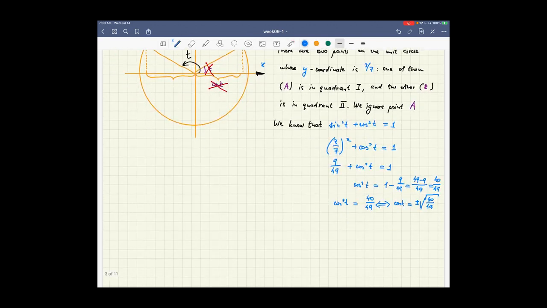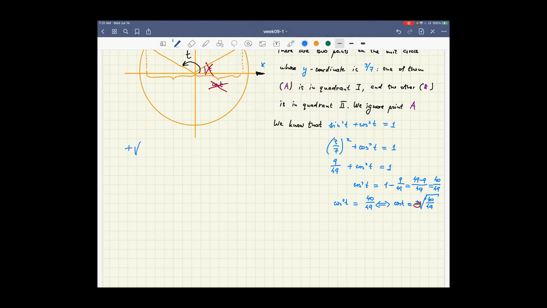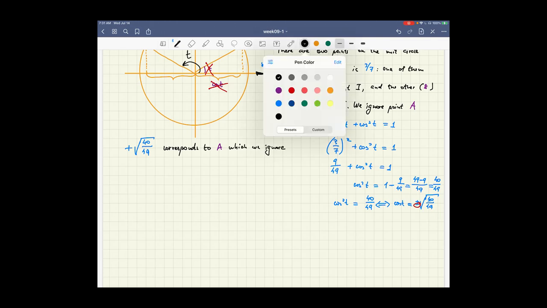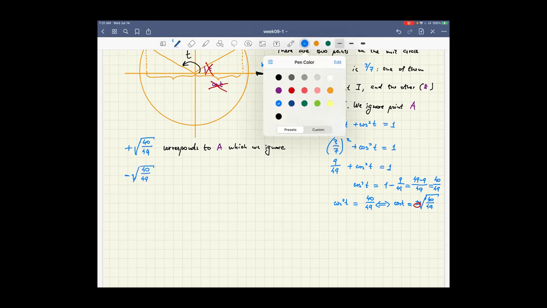So we need to choose the negative sign. So positive root 40 over 49 corresponds to point A, which we ignore. And negative square root of 40 over 49 corresponds to point B.